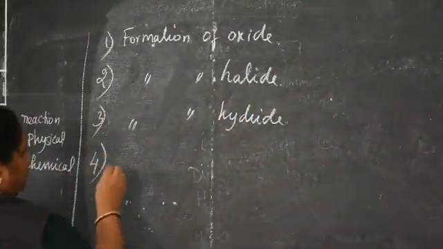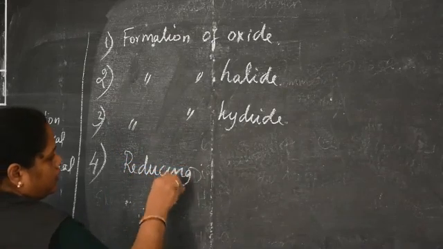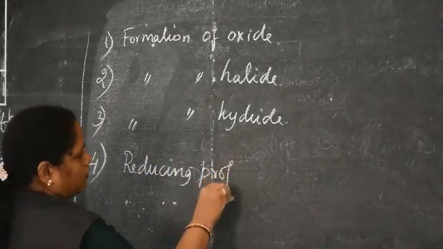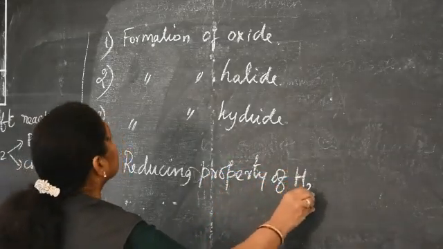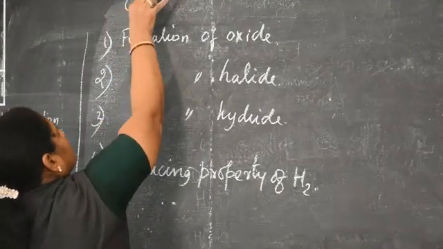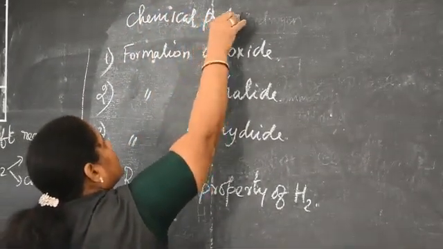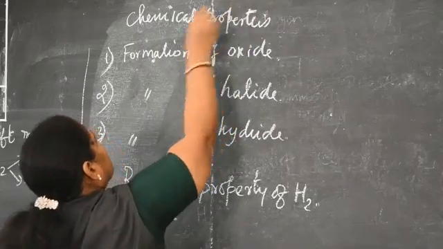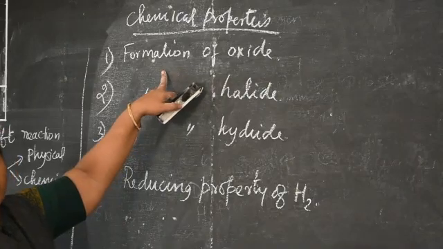Fourth one, reducing property of hydrogen. First we discuss the formation of oxide.